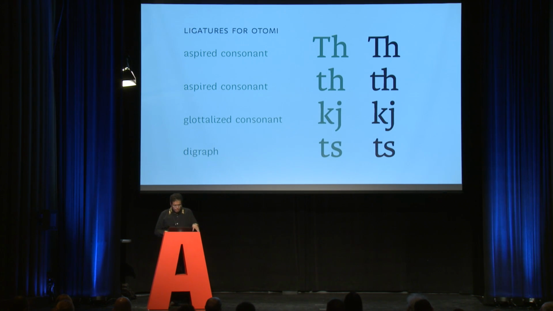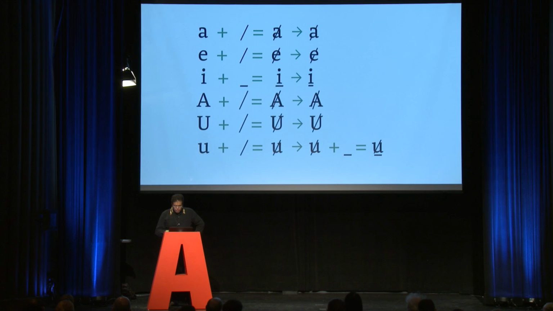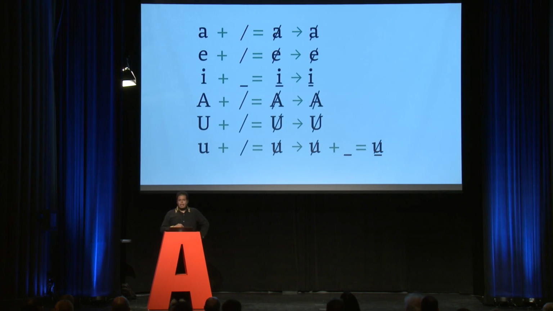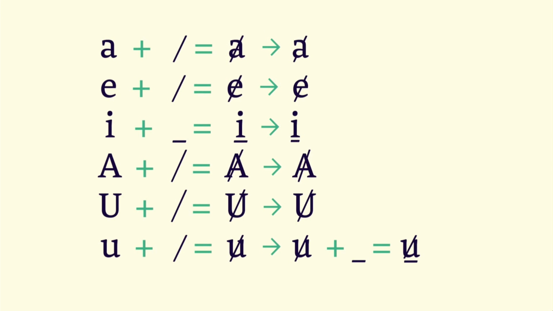So these are ligatures for ATypI language, also the aspirated consonants, the glottalized consonants, and this digraph. Jerry was asking about it at the TypeCrit, so this is the answer. And I think it's not only about glyph coverage. We can have these combining accents, but we have to make them look nicer.